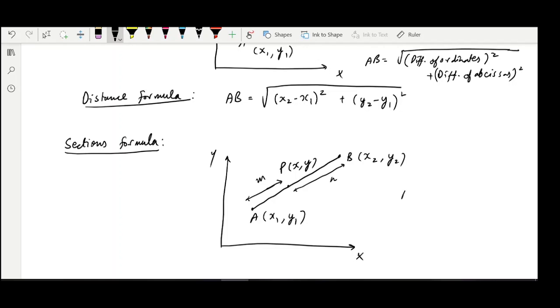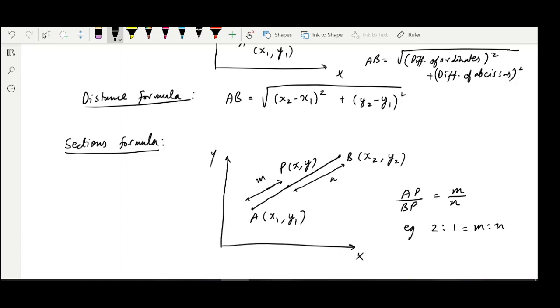That is, AP by BP is equal to m by n. The ratio m is to n will be given. Suppose it is 2:1, then it will be given that m:n is 2:1. It will be mentioned in the question.